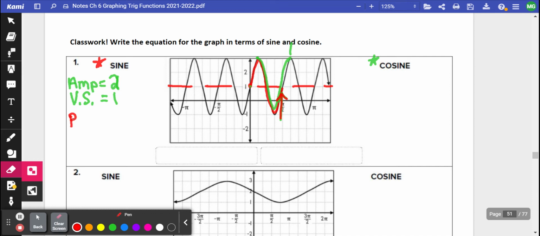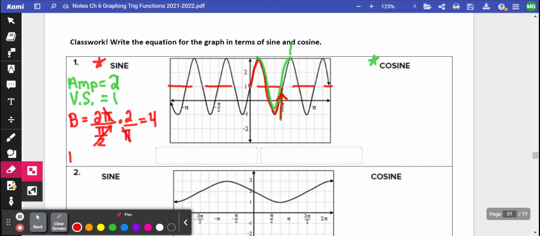So remember, for the b value we'll take 2 pi divided by the period. And in this case, the period is pi over 2. As usual, we're not going to divide by a fraction. We're going to multiply by the reciprocal. So our b value is 4, which, remember, means there will be 4 full curves in a period of 2 pi, the normal period.